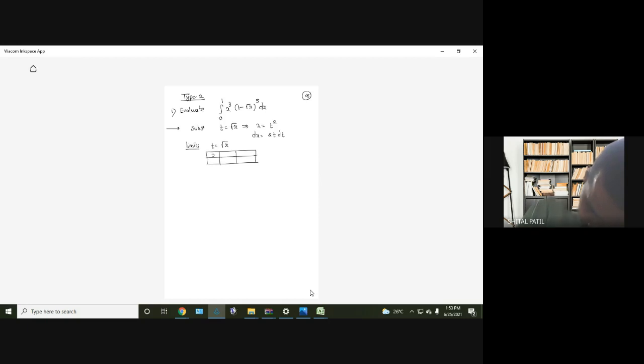Limits of x are known to us. Root of 0 is 0, root of 1 is 1, no change.